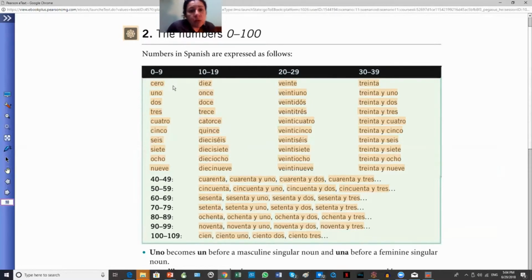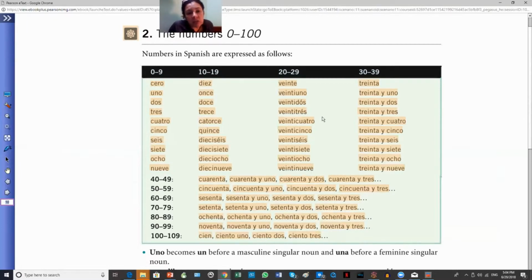If we see number 20, veinte. Okay, from 20 to 29, we have a blend of the number 20, changing the last E into I, and then adding the basic numbers again. So 21, 22, 23, 24, 25, 26, 27, 28, 29 in one word.